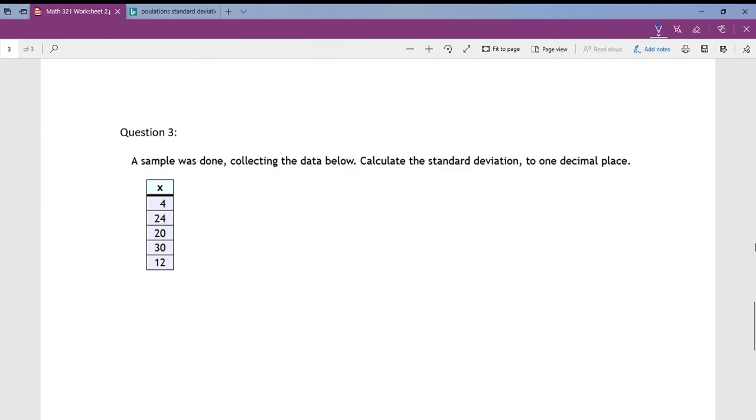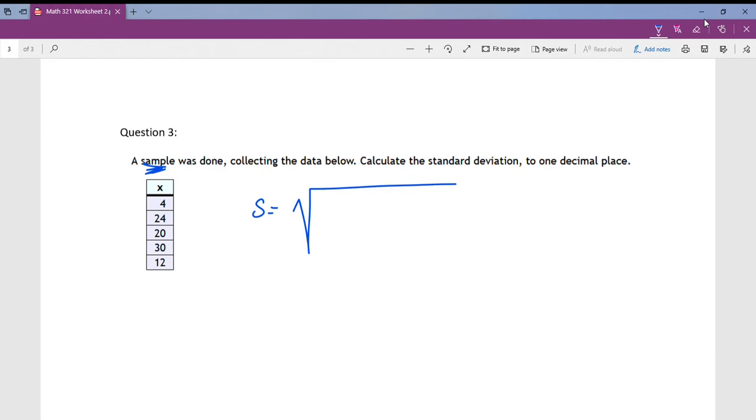Question number 3. A sample was done. Collecting the data below, calculate the standard deviation to 1 decimal place. In this case, we're treating it as a sample, so I want to use the formula for the sample. Let's write down the correct formula for the sample standard deviation.